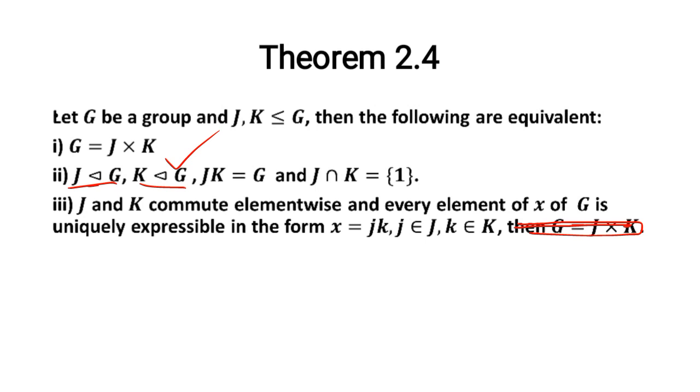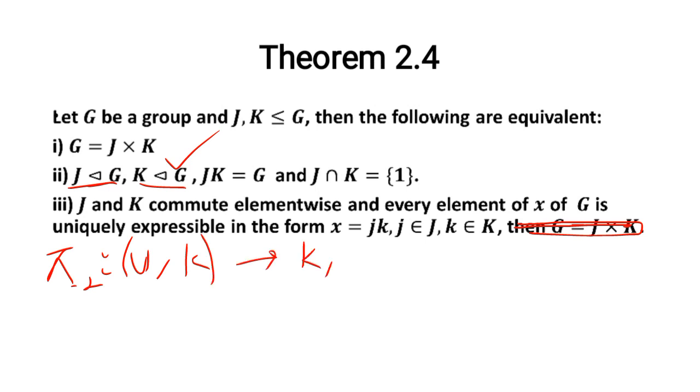Okay, so for J, what would you do? You would define your pi 2, and pi 2 takes G to K, right?